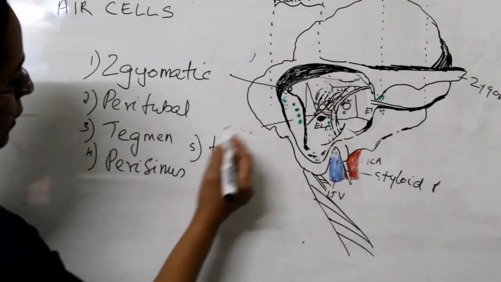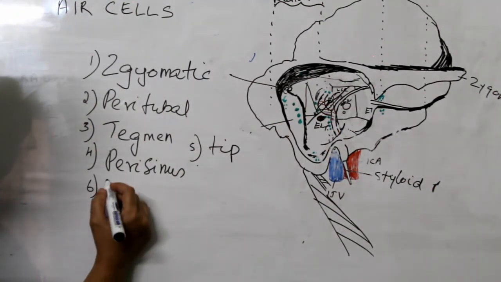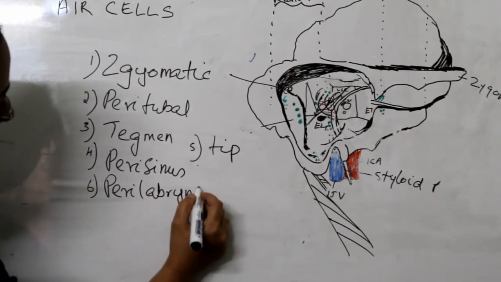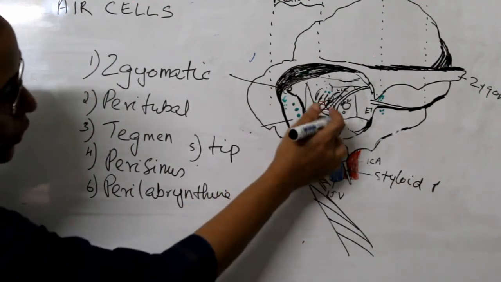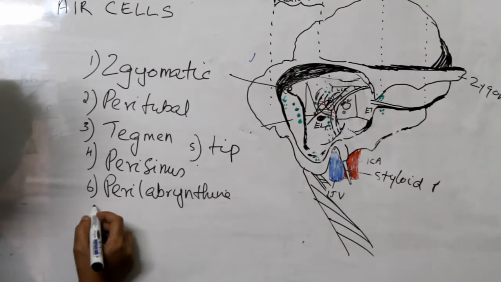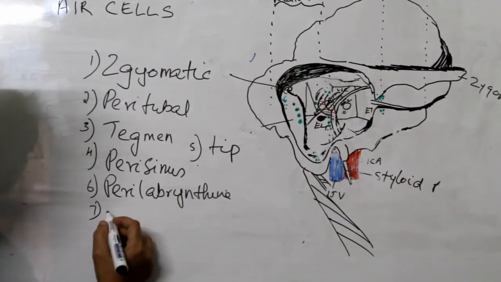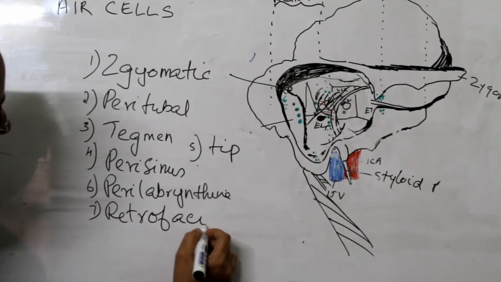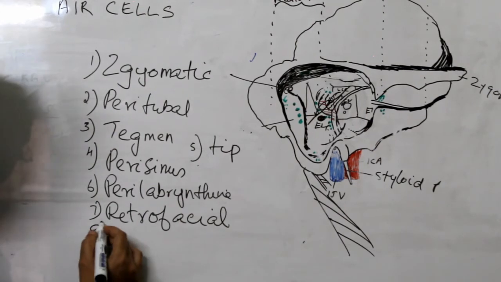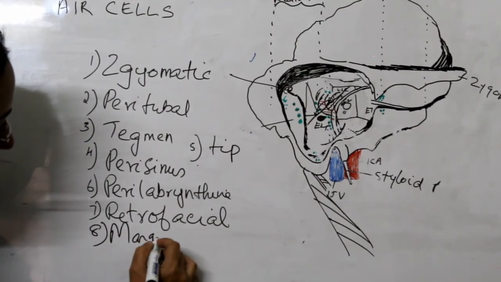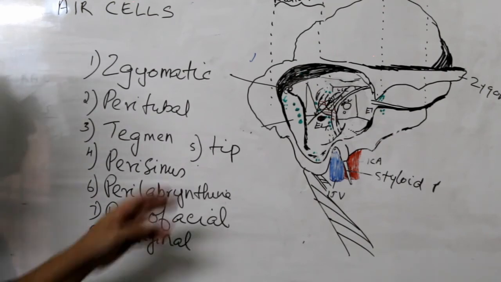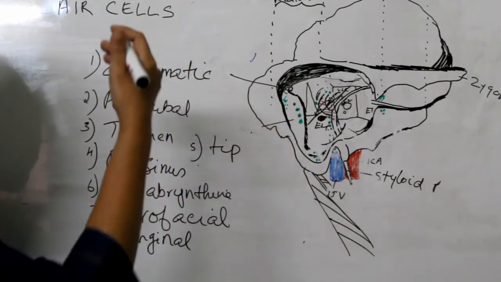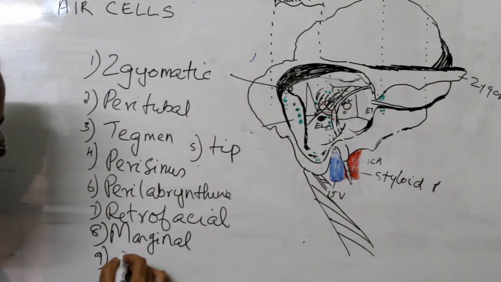Then perilabyrinthine, around the bony labyrinth. Then retrofacial, deep to the facial nerve. Marginal, they are behind the sigmoid sinus, extending into the occipital bone. And also there are squamosal.